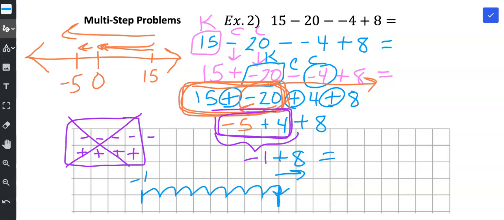I don't know where I end up, so I need to start counting it. So right above negative 1 is 0. Then 1, then 2, then 3, then 4, then 5, then 6, then 7. So negative 1 plus 8 equals a positive 7. So my final answer for this problem, the answer is 7.